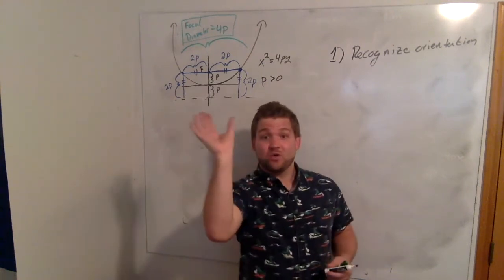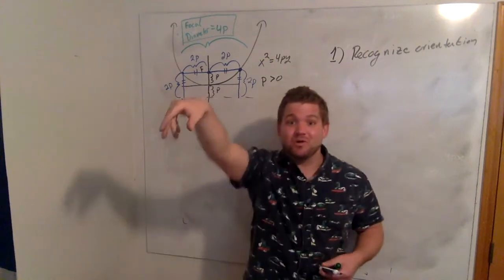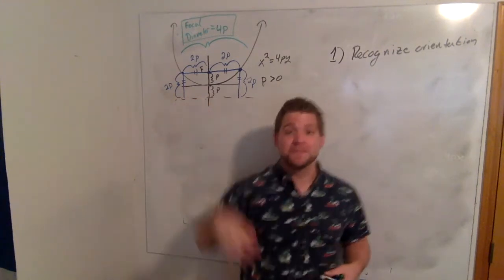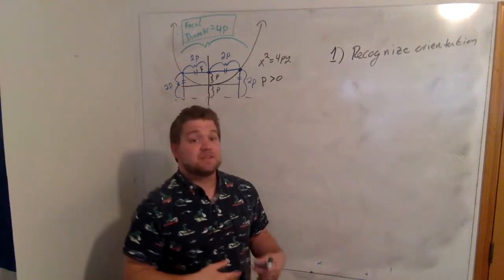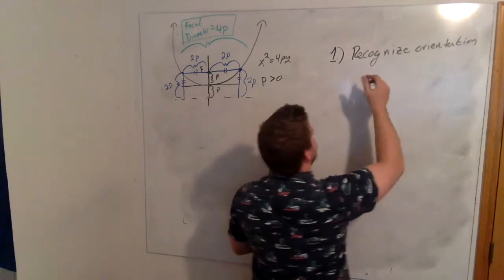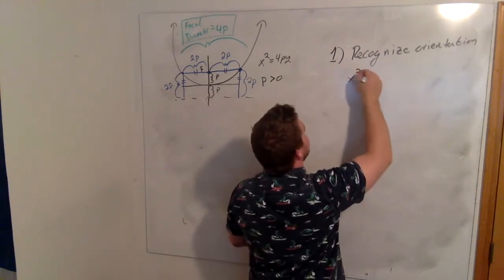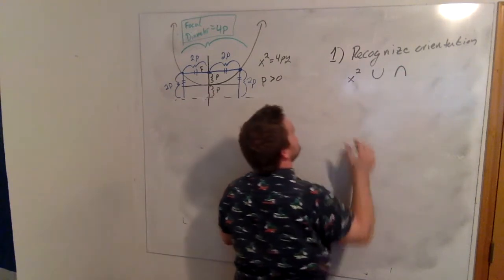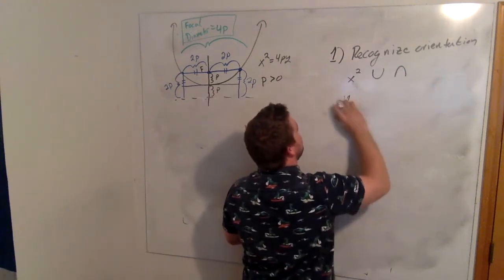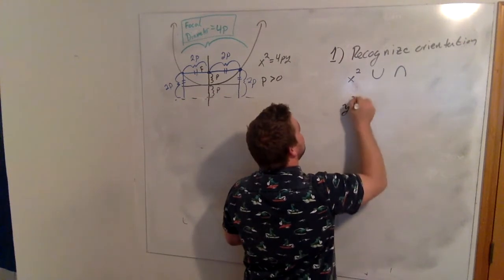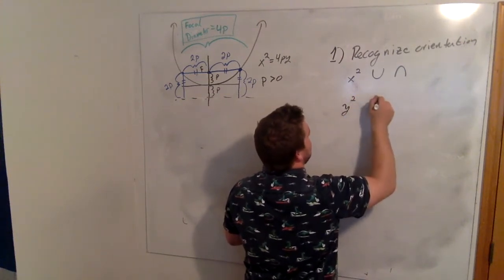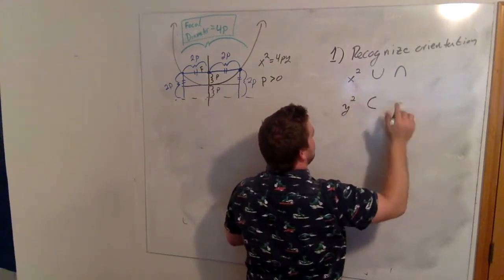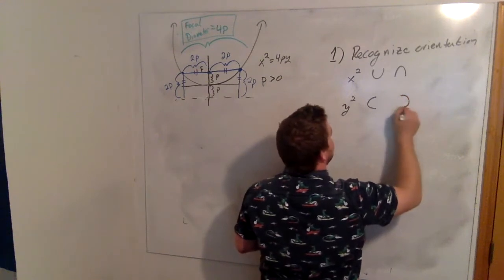X squared will either be a happy face parabola or a frowny face parabola. If you see something being y squared, that's going to be a parabola opening to the right or to the left.